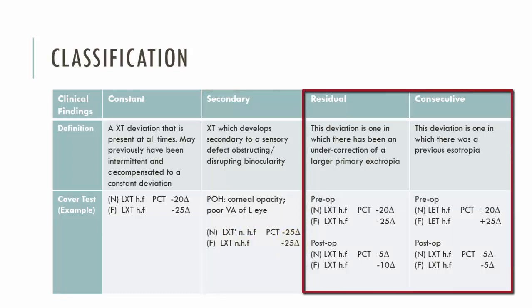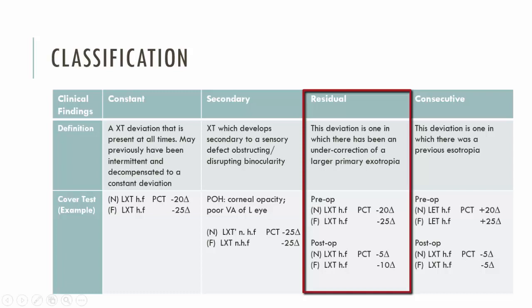Now, with the residual and the consecutive deviation, these are deviations that are post-operative in nature, generally speaking. With the residual, what we see is that we have an exotropia at near and far before surgery, and then post-operatively, there is still an exodeviation, and it might be, in this instance, smaller than it was preoperatively. So what we have is a residual exotropia.